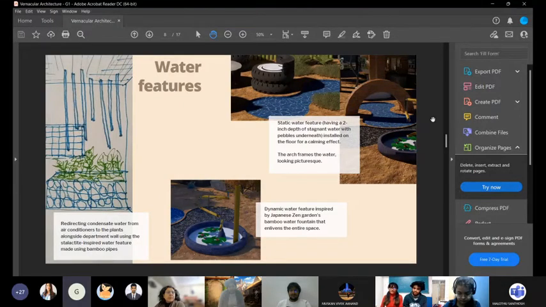Stagnant water would be placed here, just for show, and it provides a very calming effect for the users, and it is kept near the seating spaces provided near the library. And then at the bottom, as we can see, there is a dynamic water feature, basically inspired by Japanese Zen gardens, made out of bamboo with certain joineries, and it would be an entirely DIY project. Next.